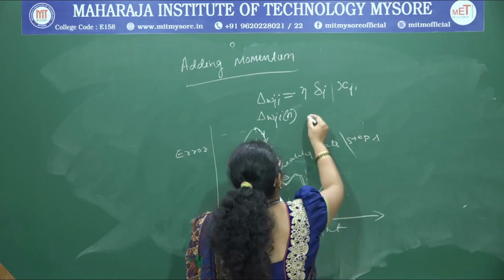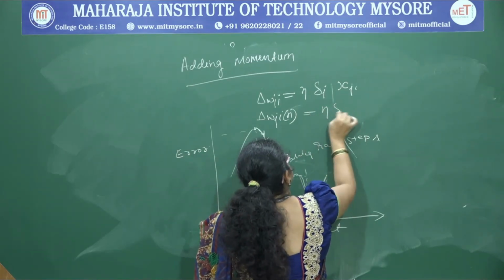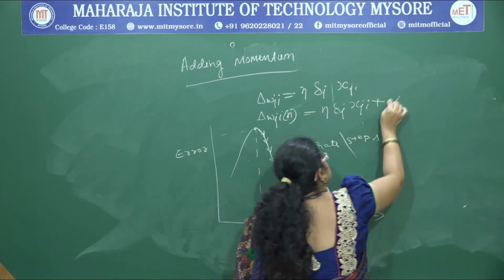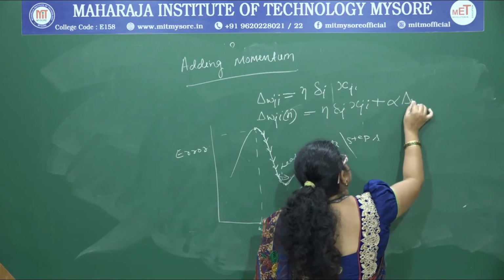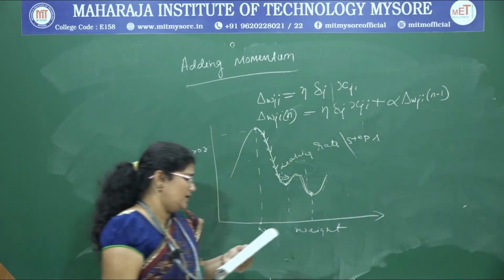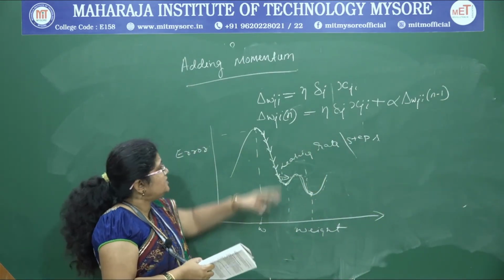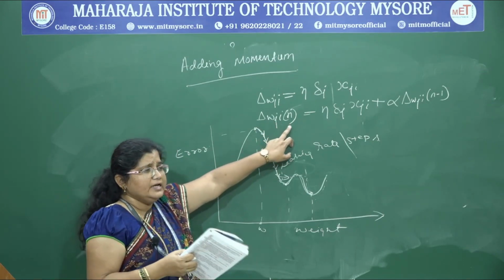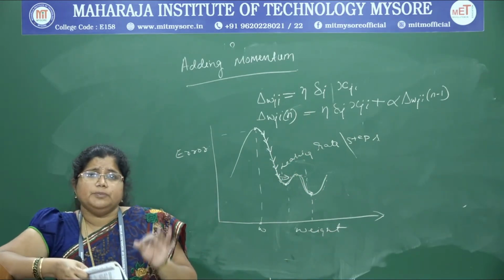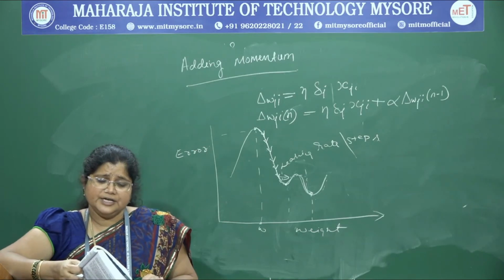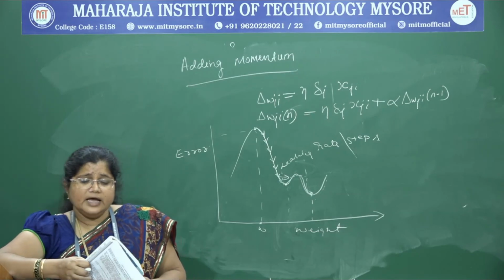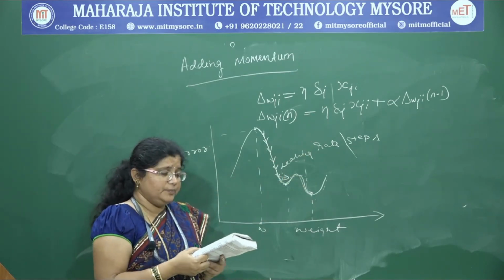So here delta Wji of n is equal to eta del j xji plus alpha delta Wji of n minus 1, where delta Wji of n is the weight update performed during the nth iteration through the main looping of the algorithm, and then the momentum alpha is included.